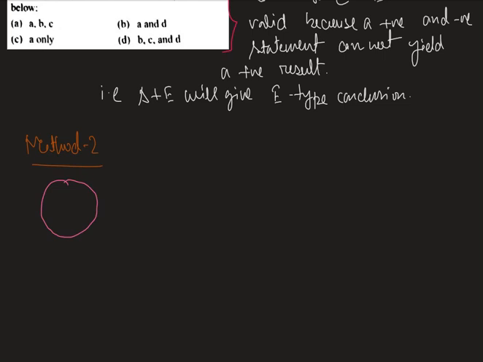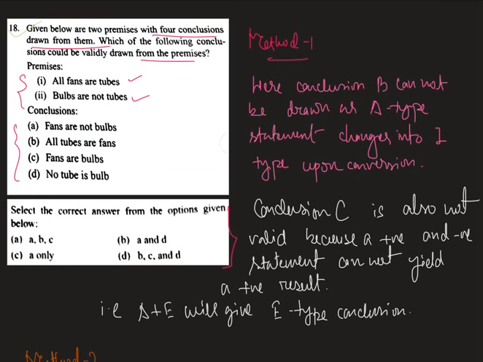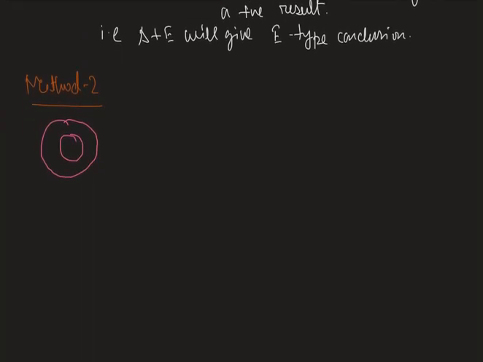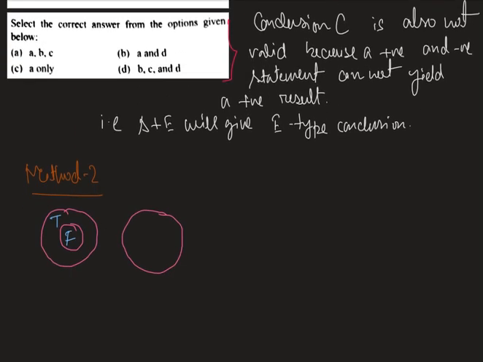As we can see that in the first premise we are told that all fans are tubes, and the next premise is told that bulbs are not tubes.